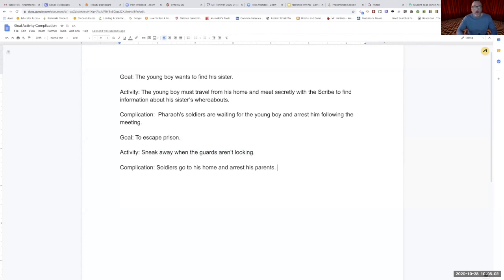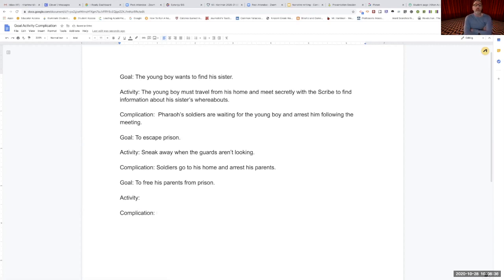So again, here's another cool part. That complication creates a new goal. So the new goal: to free his parents from prison. Activity, complication.